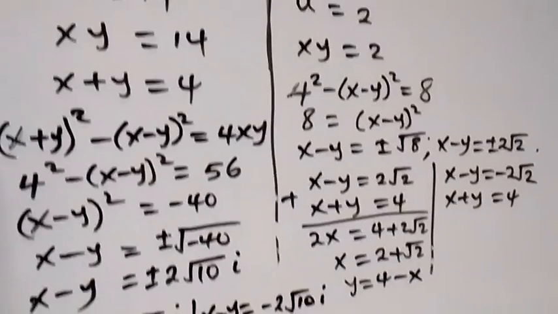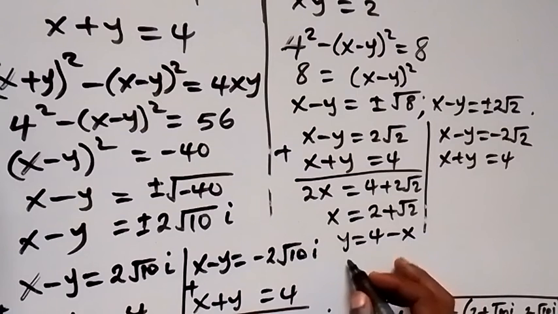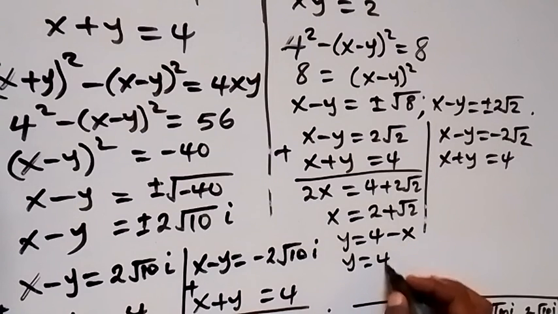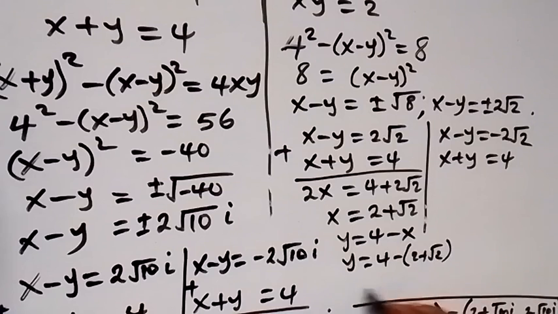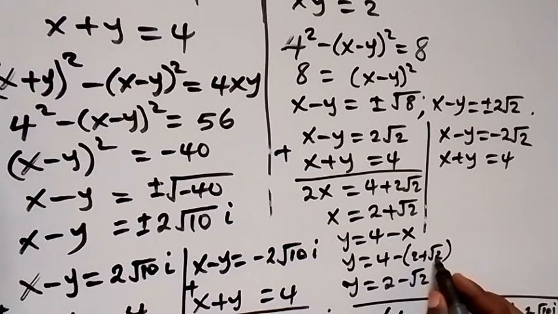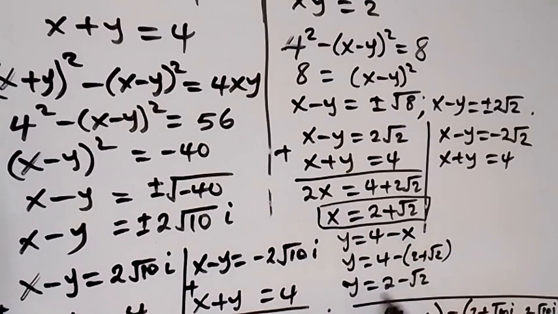To get the value of y, y equals 4 minus (2 plus root 2). Then y here will give us 2 minus root 2, because 4 minus 2 is 2, then minus, then it's minus root 2. So here now we have x to be 2 plus root 2, and y to be 2 minus root 2.